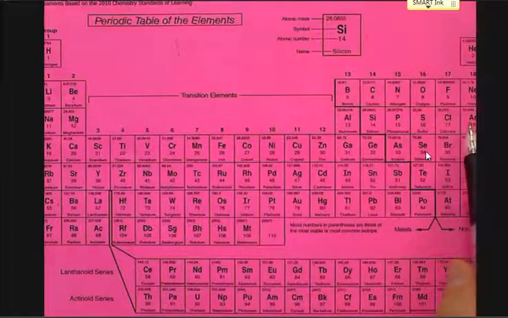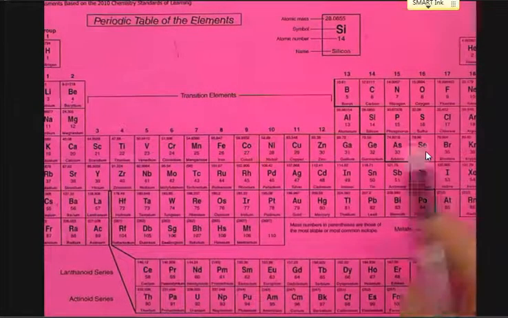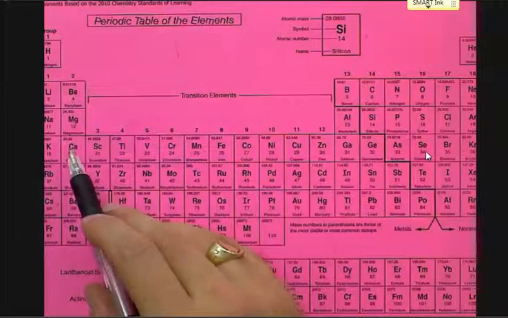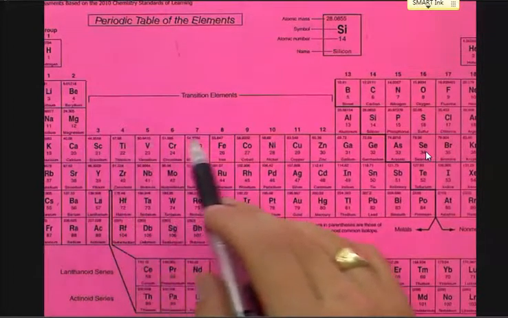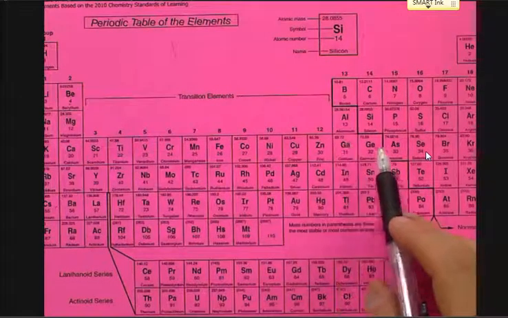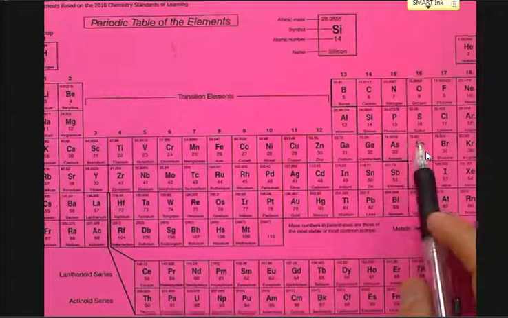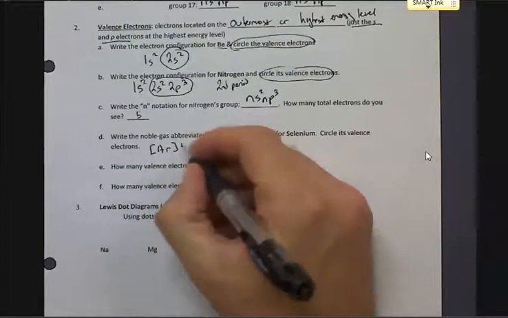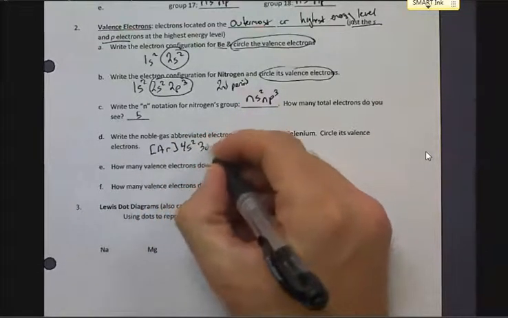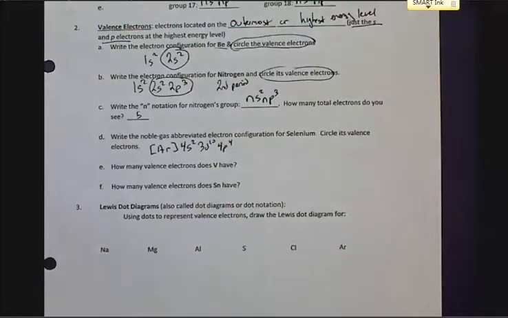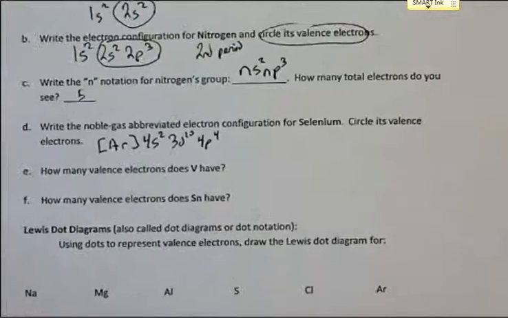Now we just have to build up to selenium. The next electron we put in would be the 4s2, 3d10, 4p, 1, 2, 3, 4. Okay, so it's going to look like argon, 4s2, 3d10, 4p4.